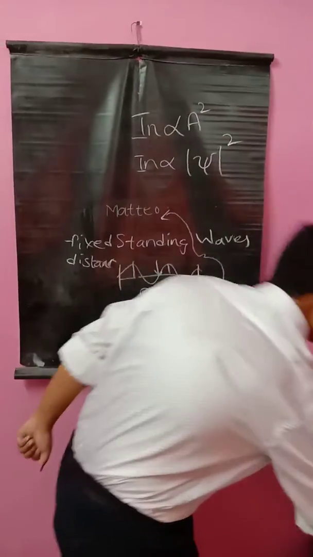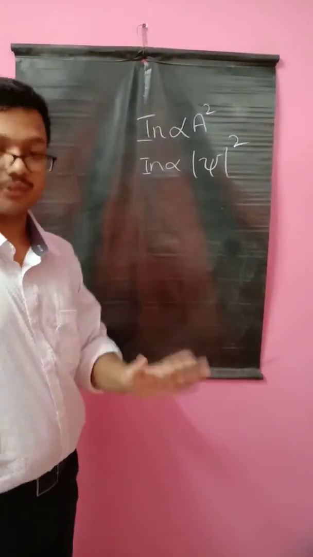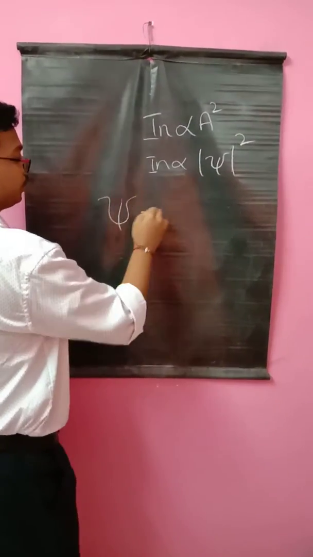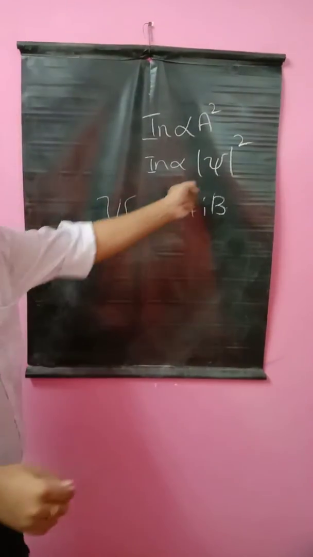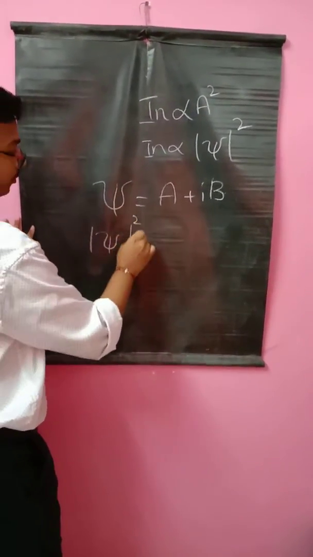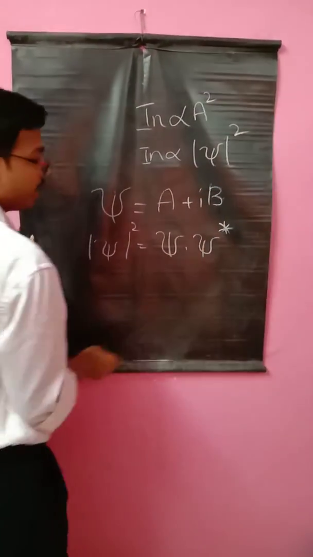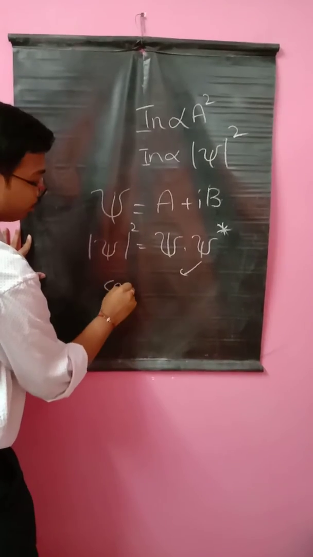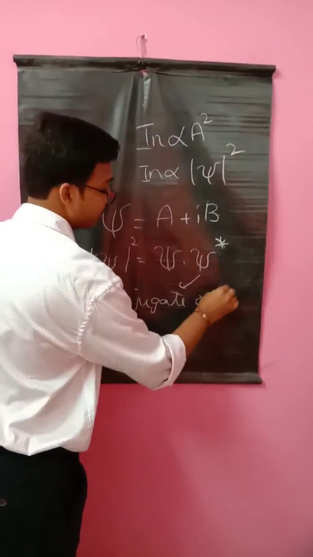And what is psi square? We know that psi is a complex function. We can represent it as a plus ib. Now psi square is psi into psi star, where psi star represents the conjugate of psi.